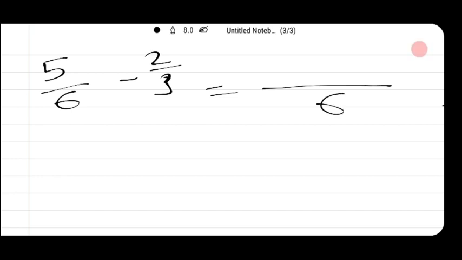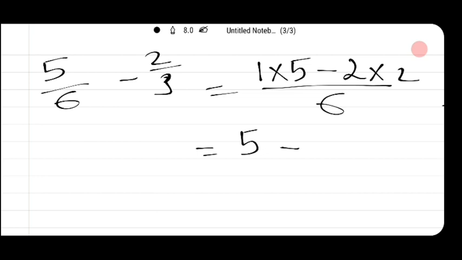That means here the LCM should be 6. 6 ones are 6, into its numerator which is 5. Here it is minus sign, then minus 3 twos are 6, into its numerator which is 2. So 5 ones are 5, minus 2 twos are 4 upon 6. 5 minus 4 equals to 1 upon 6 is your answer.